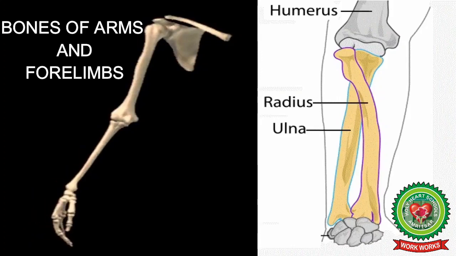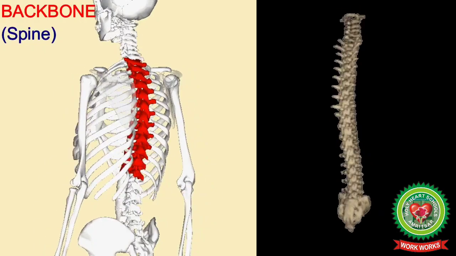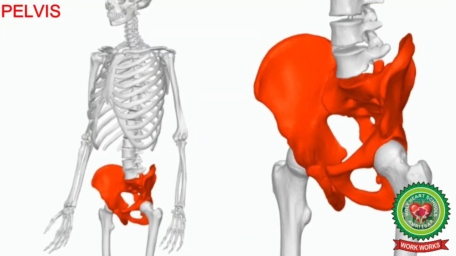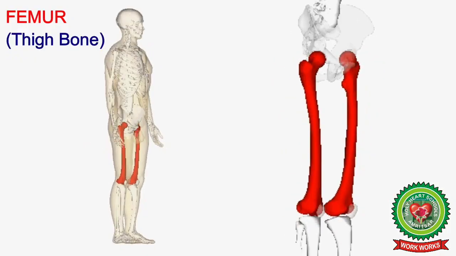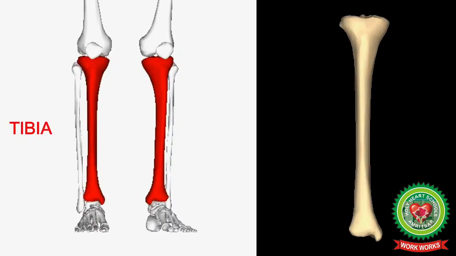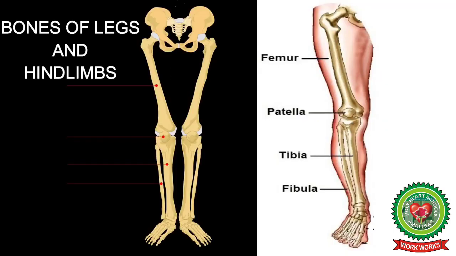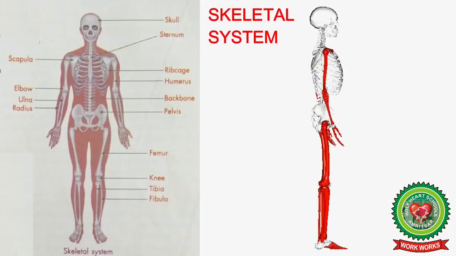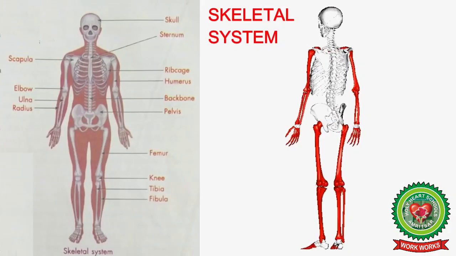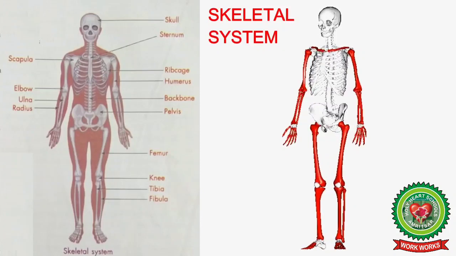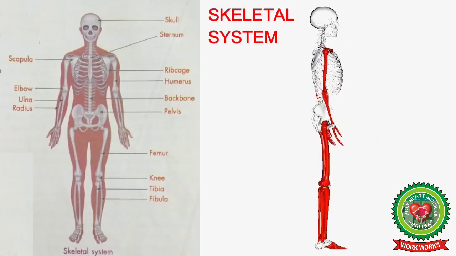These are the bones of the arms or forelimb. Then we have backbone, pelvis. After that we have femur, knee, tibia and fibula. These are the bones of legs or hind limbs. Students, we will discuss about these parts of skeletal system in detail further in this chapter.